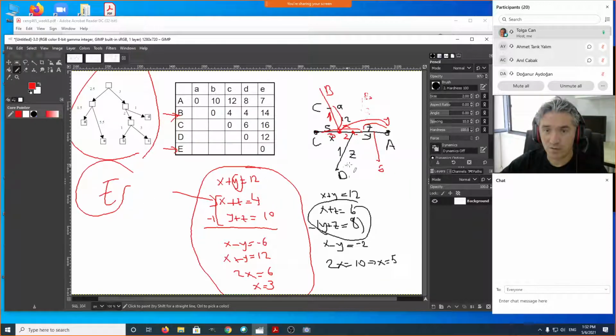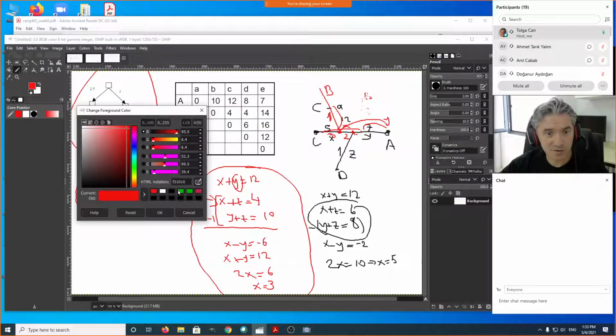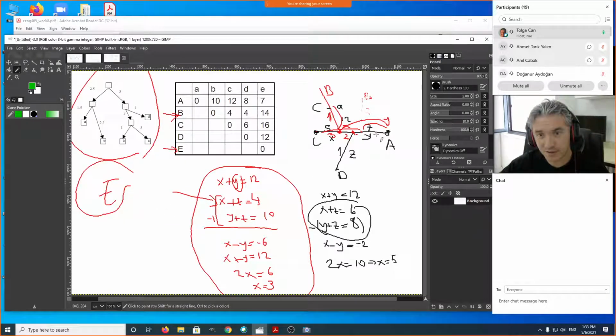Okay, so here if you try to add between A and D, here are the things that we are going to define. Let me use a different color again, green. I will quickly do that and conclude this lecture. So if we try to insert E here, let's call this Y, let's call this X, and let's call this Z. This time X plus Z is equal to 7, right?